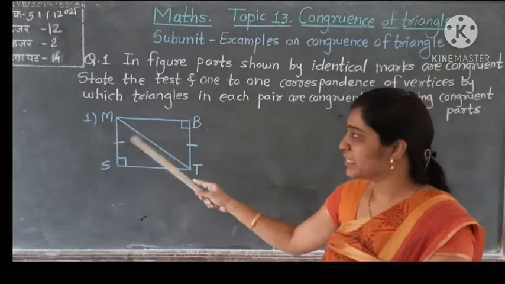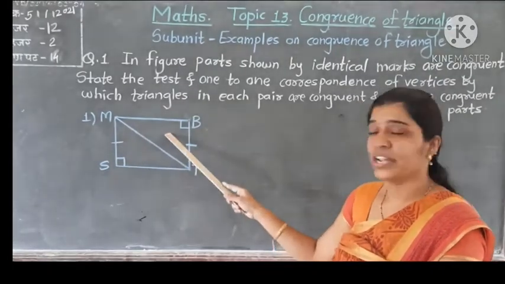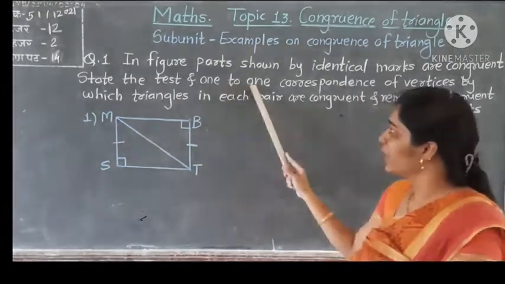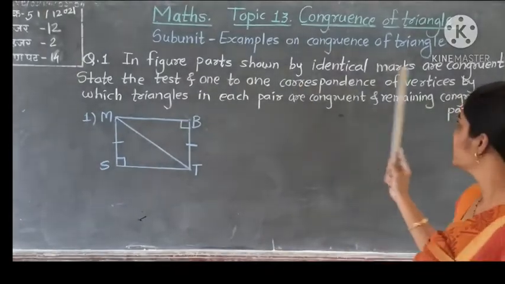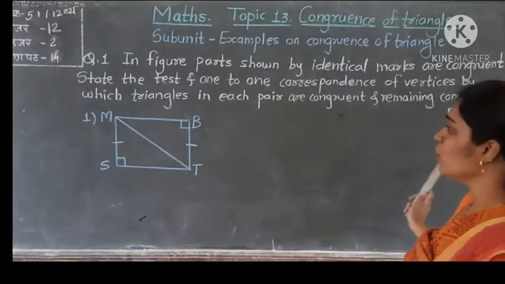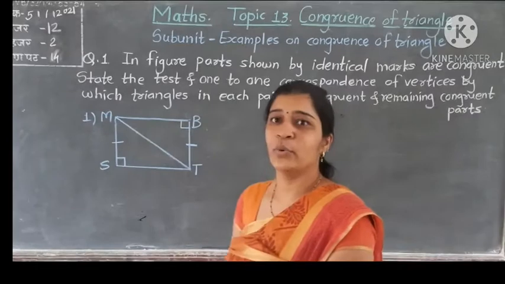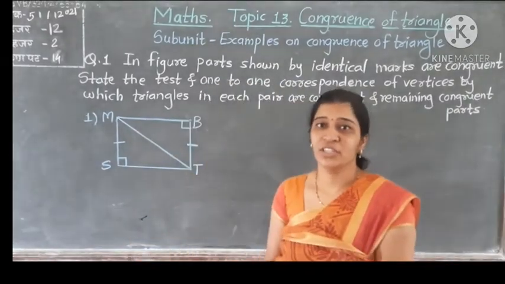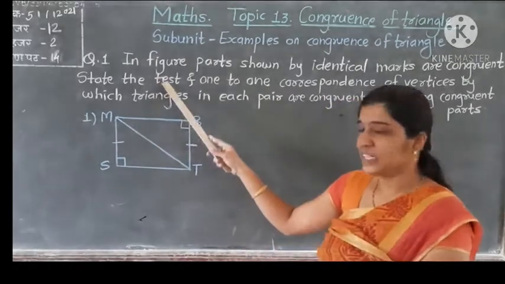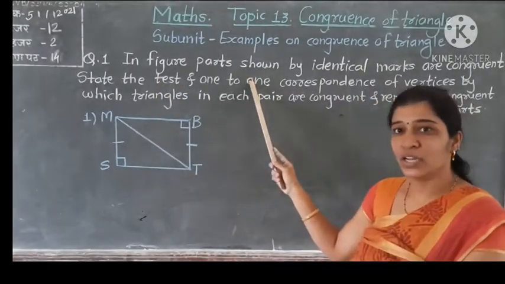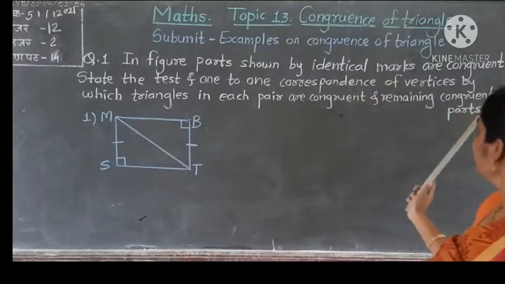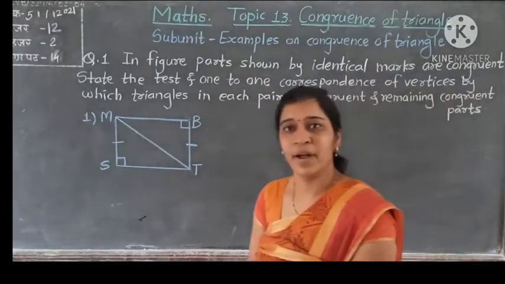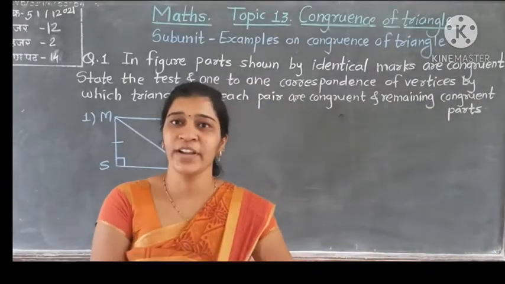We have to write the test name by which the two triangles are congruent, and we have to write one-to-one correspondence and remaining congruent parts. Understand what we have to find here?